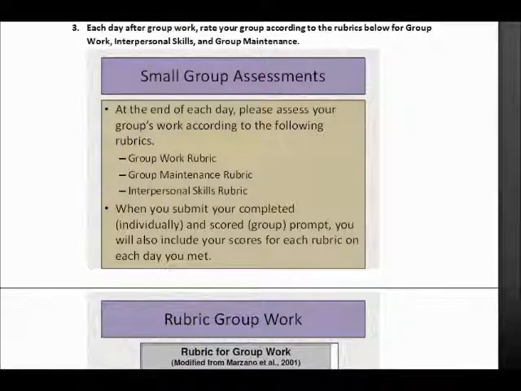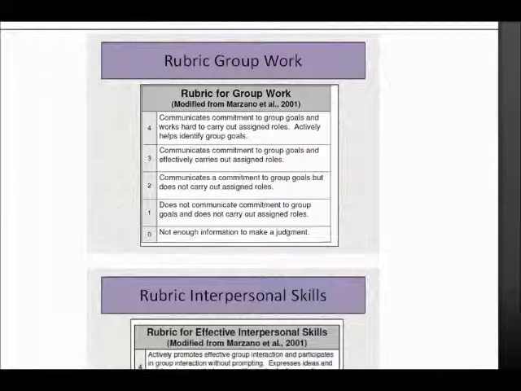Here are 3 rubrics. The group work rubric basically looks at your ability to communicate commitment to the group as a whole group, making sure that you are effectively carrying out assigned roles, and identifying group goals. So as always, we're aiming for that 4 or that 3 here, but be honest.